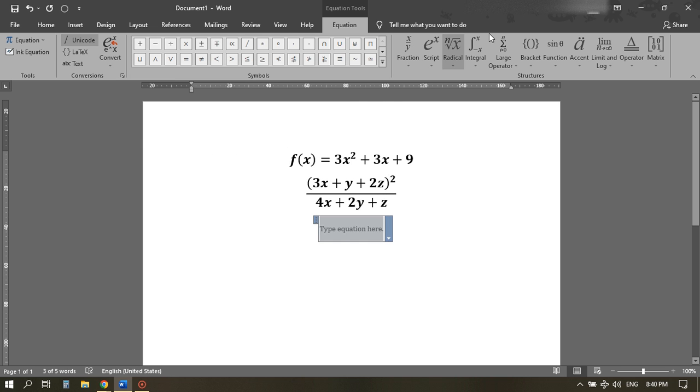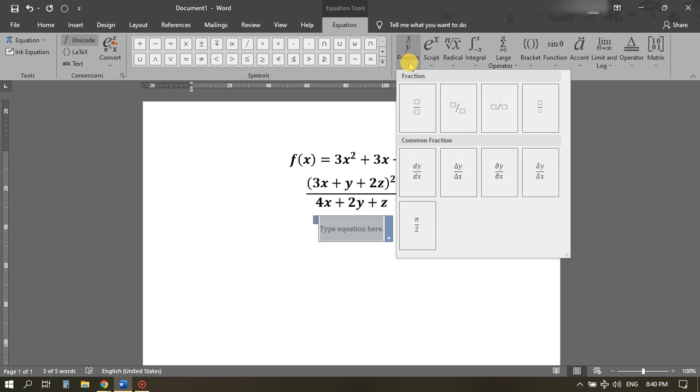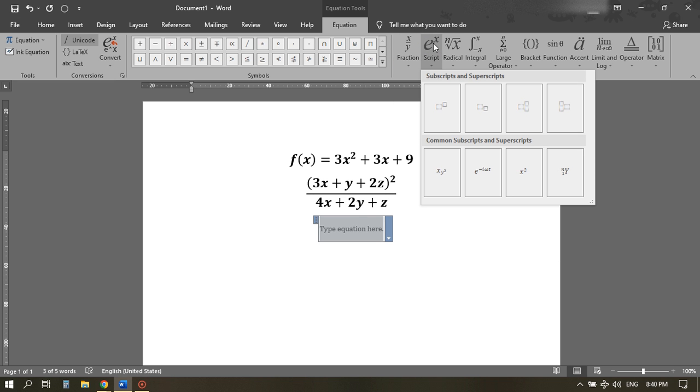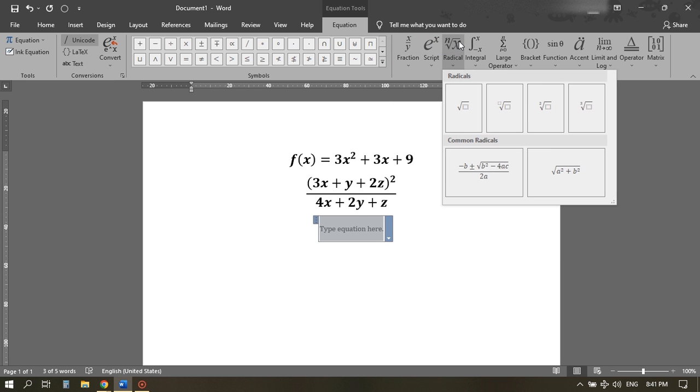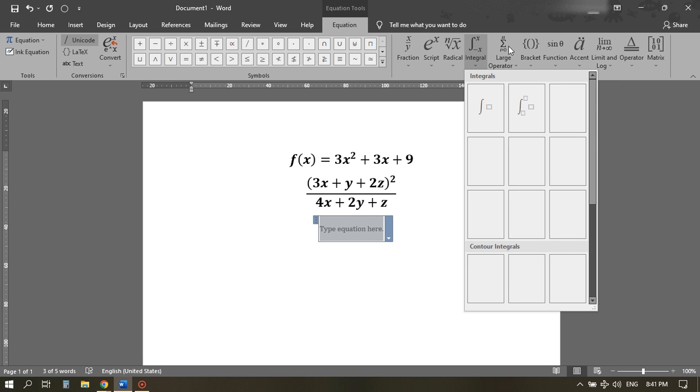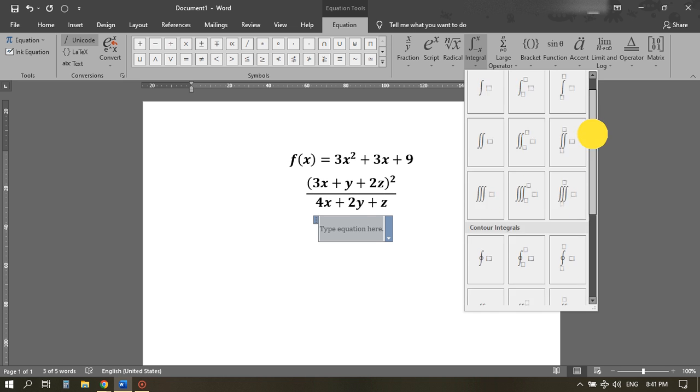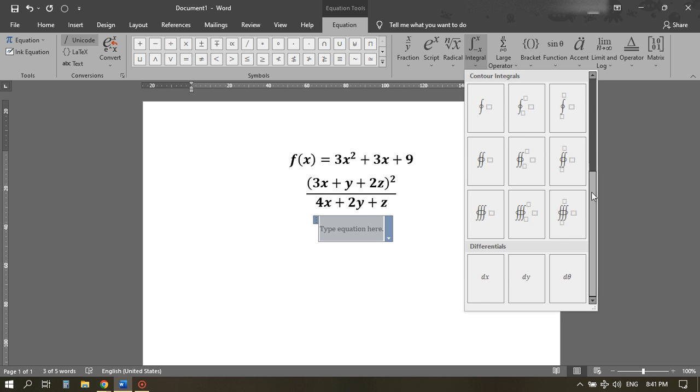Here are the forms. All the forms you use in your equations, the functions, for example, the fractions or the exponentials and the radicals here, and here the integrals with all its forms and all its limits here. And also you have here, I will show you your limits.